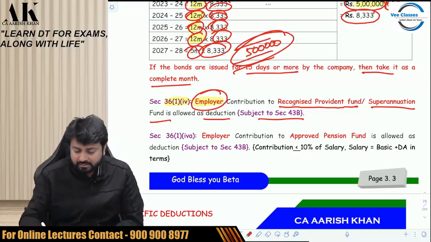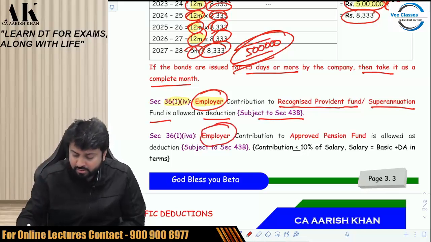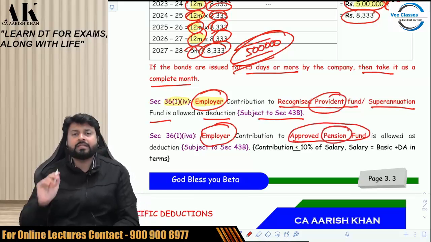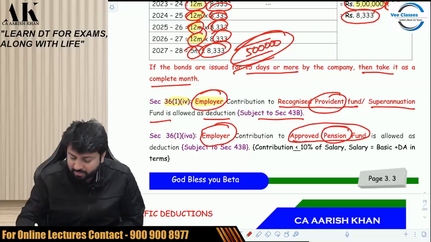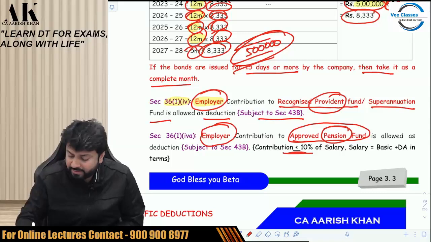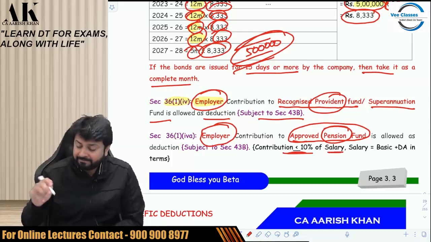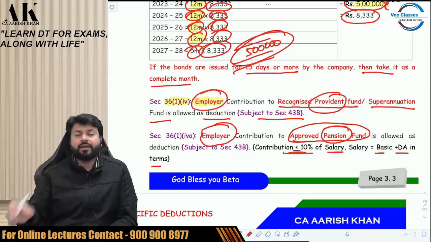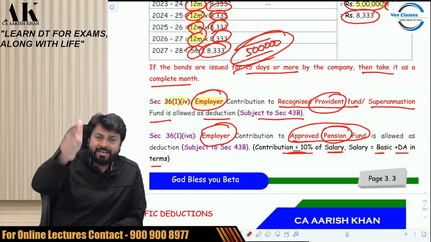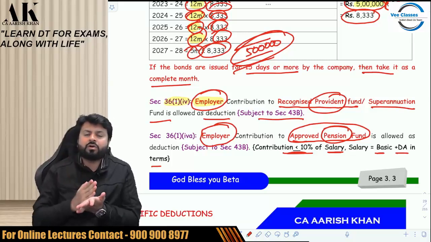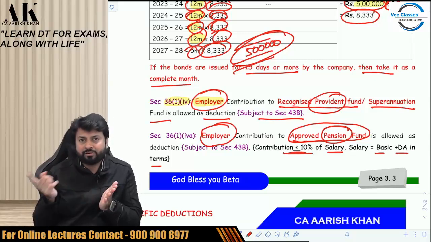Then, employer contribution to a certain approved pension fund. First was provident fund, second is pension fund. It is allowed as deduction, but here there is one more condition. The contribution should be less than or equal to 10% of salary, and salary here means basic and DA. If the salary, that is basic plus DA, is 30 lakh rupees, then the contribution cannot be more than 3 lakh rupees.